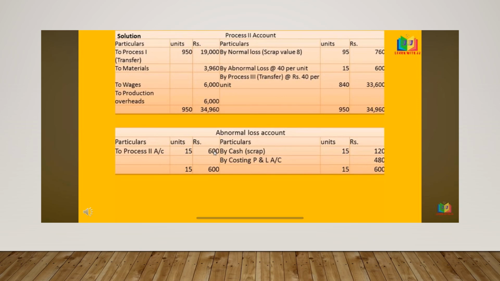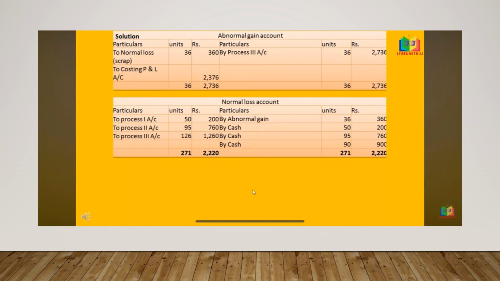The last and the final account that we need to prepare is the normal loss account. So all the previous accounts that we've prepared, right, the process 1 account, process 2 account and process 3 account, as well as the abnormal loss and abnormal gain accounts, we transfer the normal loss entries. So to process 1 account, 50 units, 200 rupees.